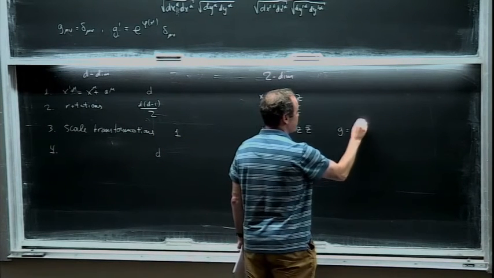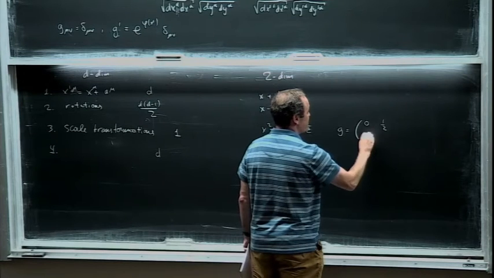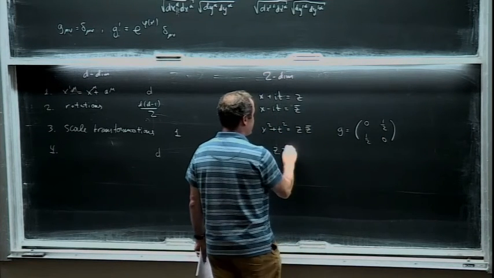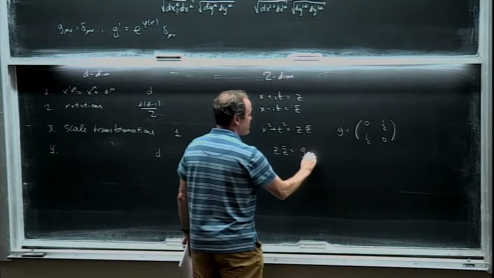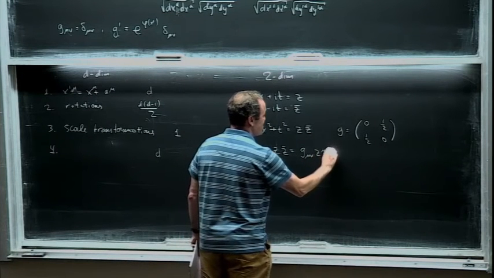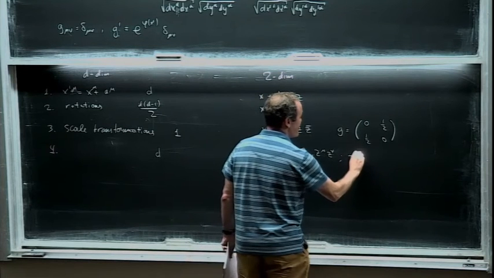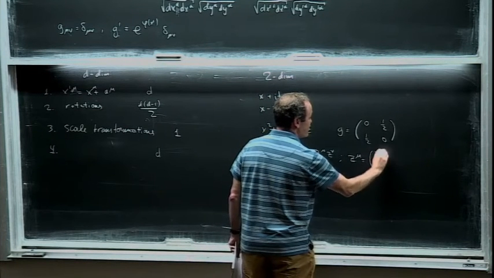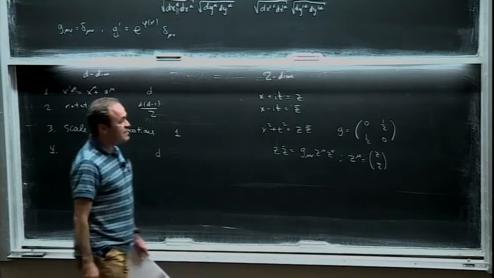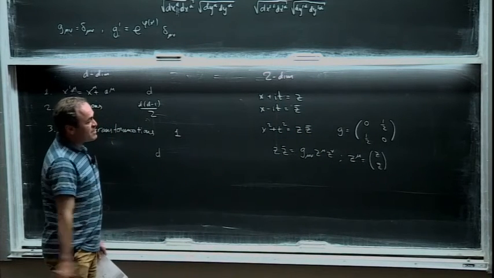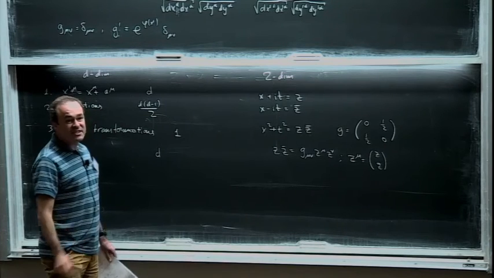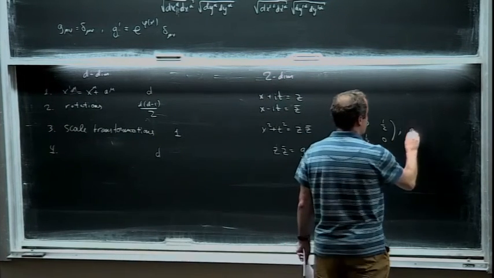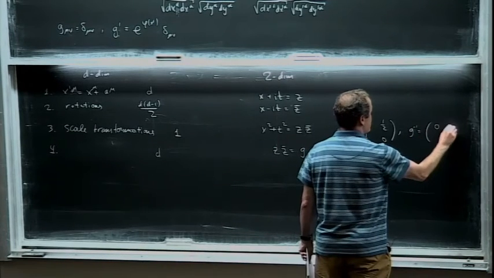Rather, it's a matrix which looks like 0, 1 half, 1 half, 0, such that z z bar is equal to g mu nu, z mu, z nu, where I define z mu as a kind of vector which consists of z and z bar. And so it's often convenient to use this metric tensor when you contract indices in the complex space. And obviously there's also inverse metric, which is 0, 2, 2, 0.